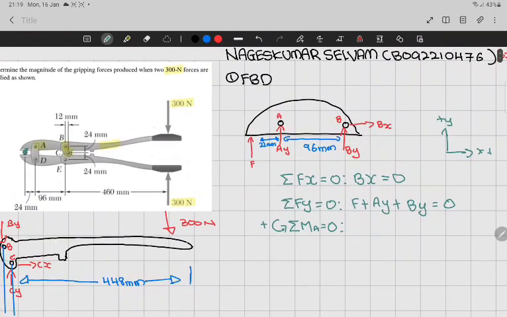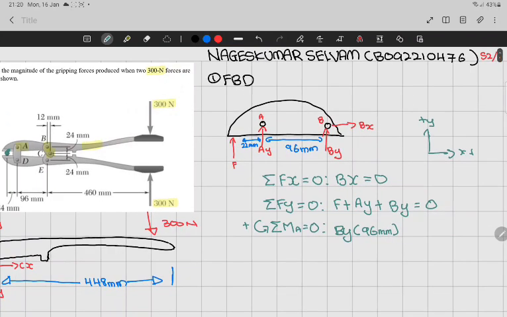BY is upwards, so it's moving anti-clockwise. So BY multiplied by 96 mm, then minus F multiplied by 22 mm.